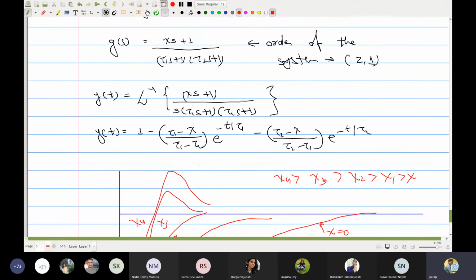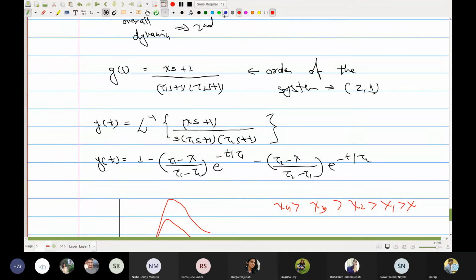And therefore now we call this to have a zero, and we call these to be poles. So you look at a transfer function. Again, as I said, I've been emphasizing you should look at the transfer function. So I look at the transfer function, and what I will see is that, okay, if I do not have any zeros in my system, it is going to be an nth order system, and therefore the dynamics will be sluggish compared to the first order dynamics.